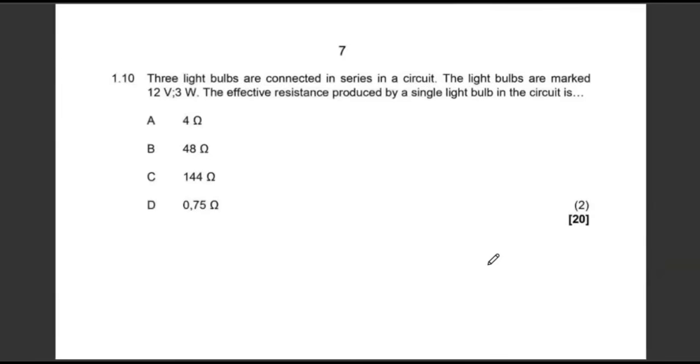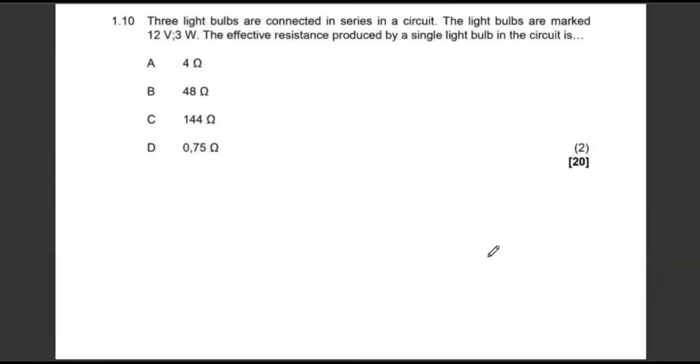Then 1.10. 3 light bulbs are connected in series. The bulbs are marked 12 V, 3 watts. The effective resistance produced by a single bulb in the circuit is, they are connected in series. Perfect. They're asking us to get the resistance. We have the power, which is 3 watts, and the voltage, which is 12.